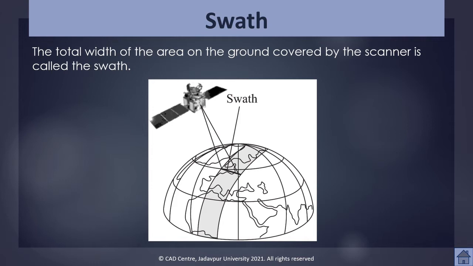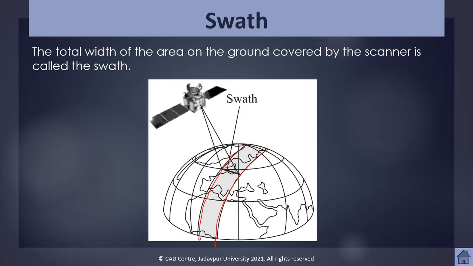As a satellite revolves around the earth, the sensor sees a certain portion of the earth's surface. In a satellite system, the total width of the area on the ground covered by the scanner is called the swath. So this portion is actually the swath.